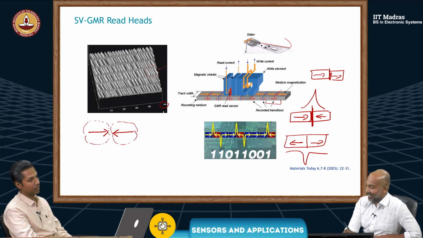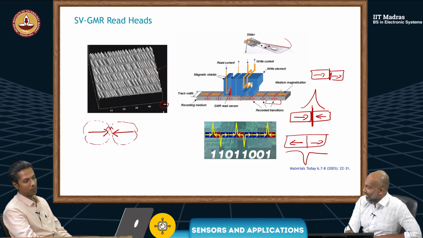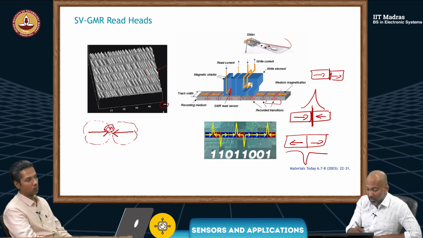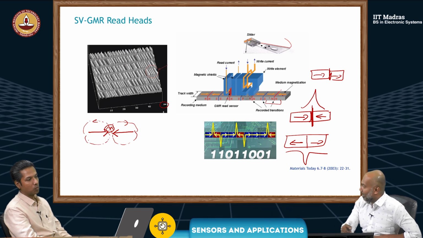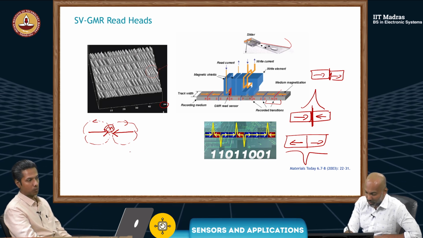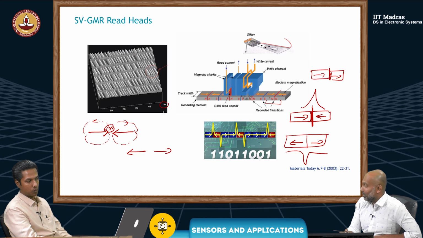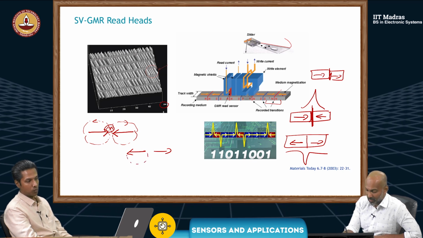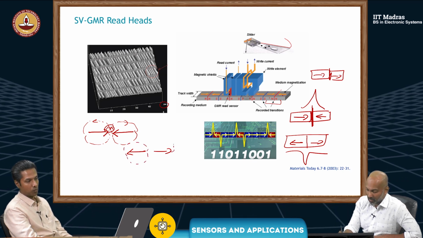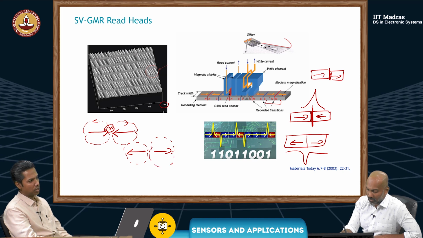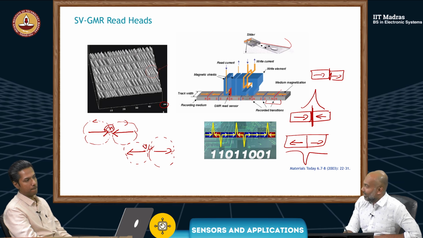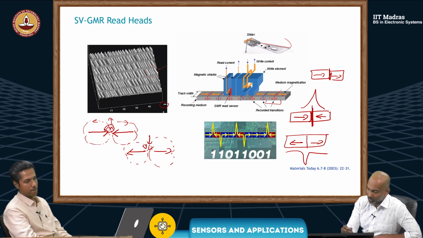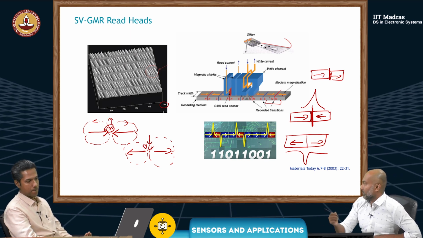So this addition is much higher than the stray field that you can measure here. Similarly, for other directions, if you have it this way, that's also addition, but in the negative direction. So this is down, this is up, which is why you get a positive here and a negative here.